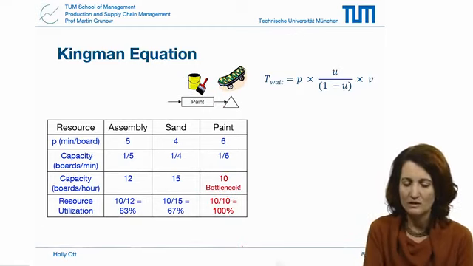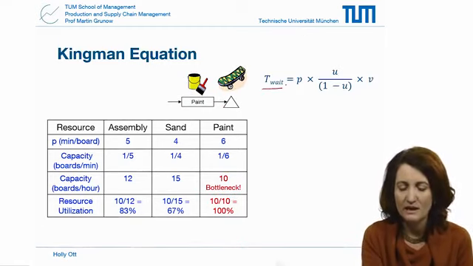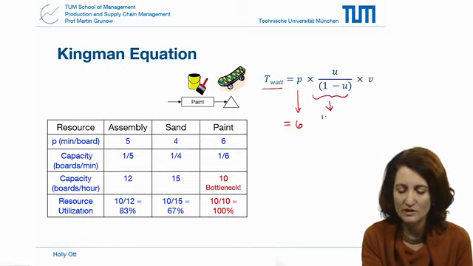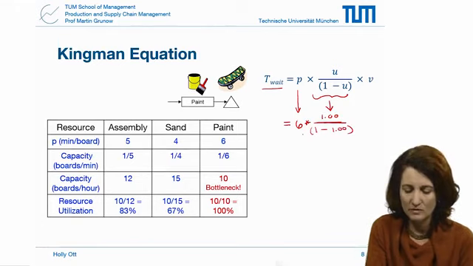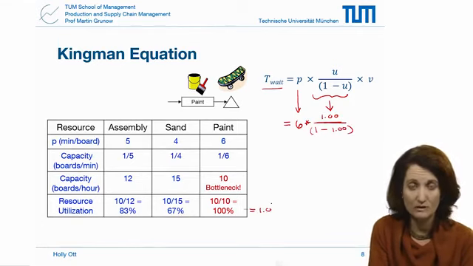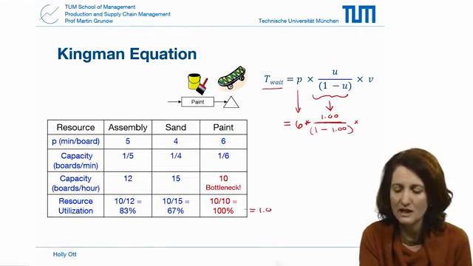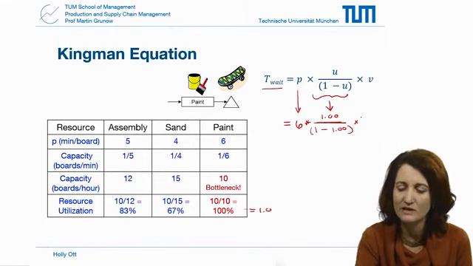We have our T-wait equation, and it's given by P, which is 6, times our utilization factor. Our utilization is 100%, so 1 over 1 minus 1. Don't forget, 100% is equal to 1, times a variability factor, and I haven't given that to you.